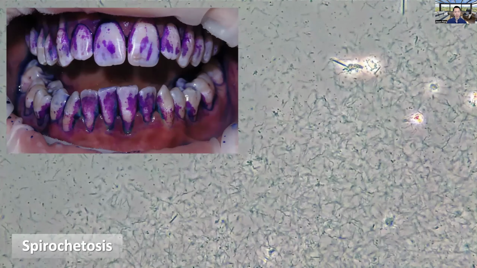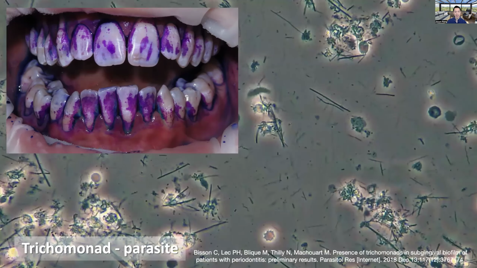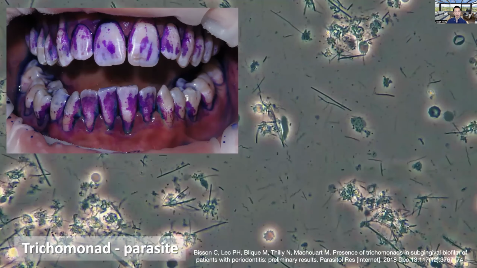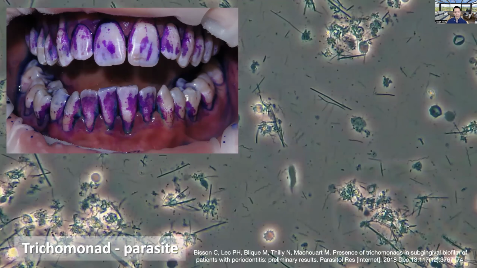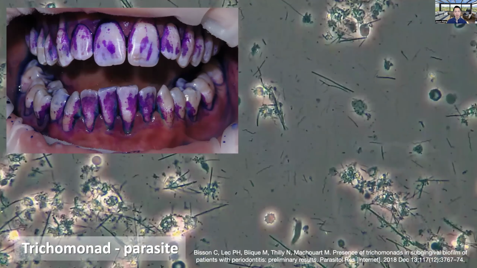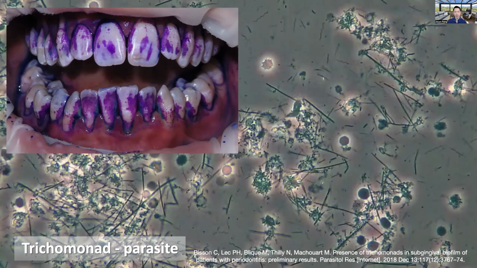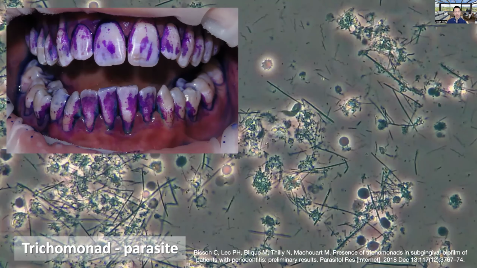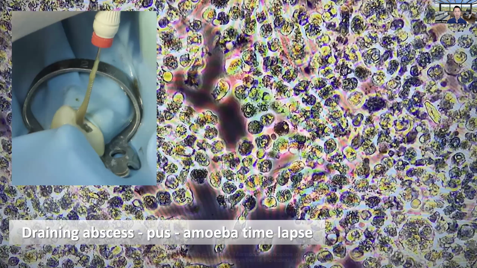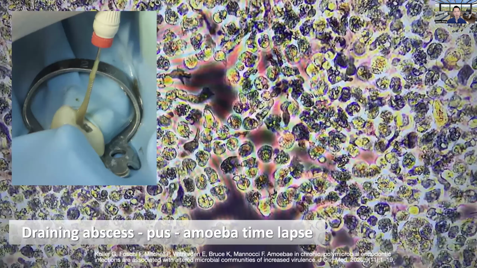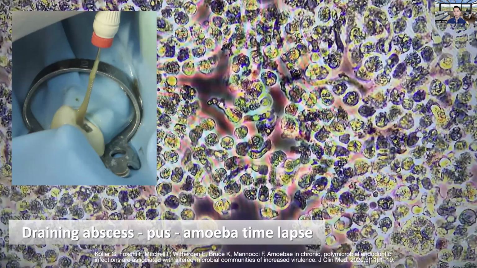Or if you look at a different part of a slide, this patient actually had a parasite called a trichomonad, and you can follow that around. So it's very important to find out exactly what kind of bacteria is hanging around in the person's mouth. This is an endodontic lesion, so a root canal, and we can time-lapse the recording, and we can see the amoeba moving around the slide.